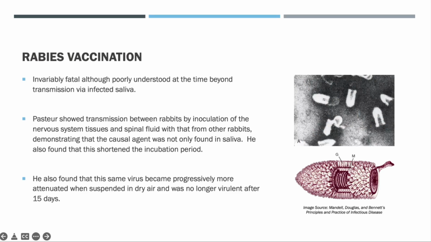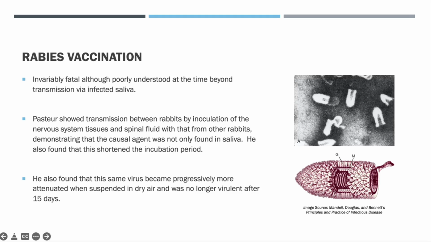Some of Pasteur's important work was also with the rabies vaccination. Rabies at the time was invariably fatal, but very poorly understood beyond its transmission through infected saliva. Pasteur showed that transmission between rabbits could also occur through inoculation of the nervous system tissues.